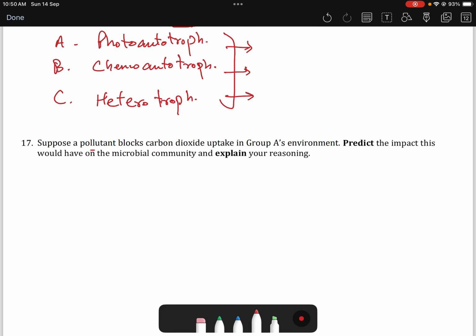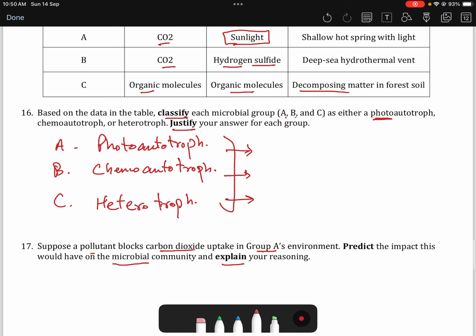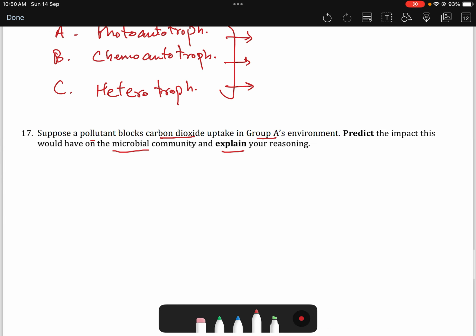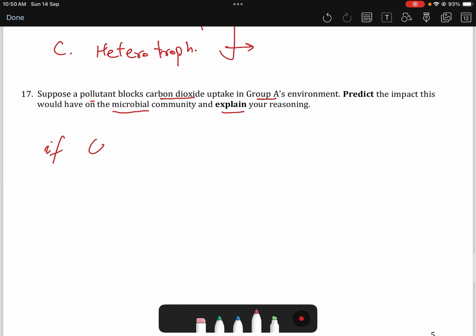Suppose a pollutant blocks carbon dioxide uptake in group A. Predict the impact this would have on the microbial community and explain. So of course group A is the one which is using CO2 and it is using sunlight, and it is very important for the microbial organisms to survive over there. So of course if CO2 is blocked, what's gonna happen? It means that no photosynthesis, right?